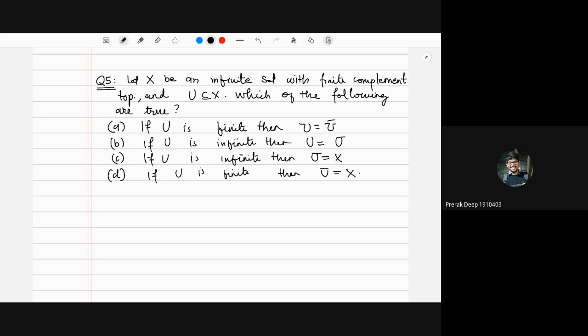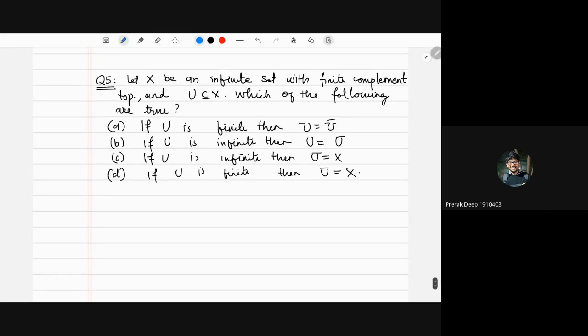Okay. So now let's discuss the solution. X is an infinite set with finite complement topology.